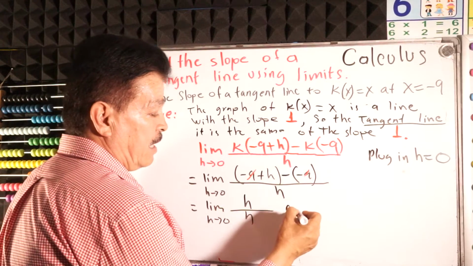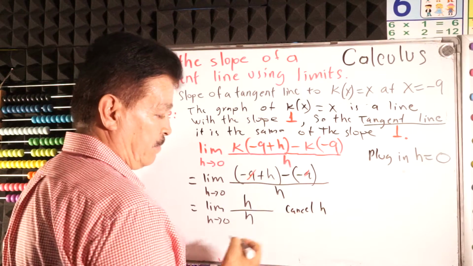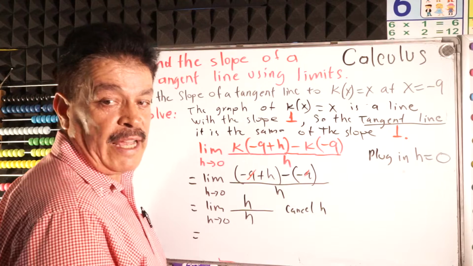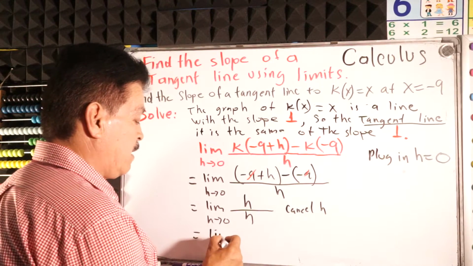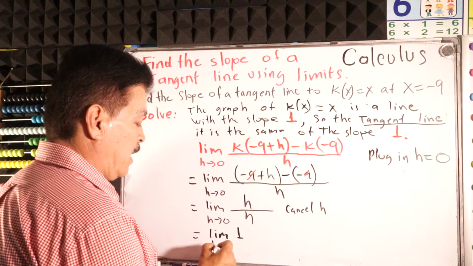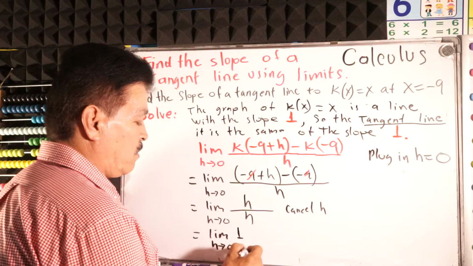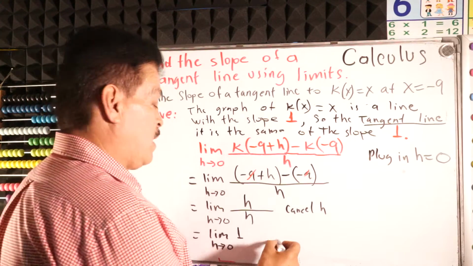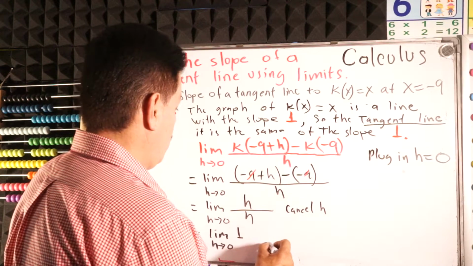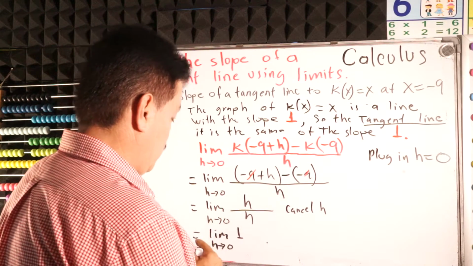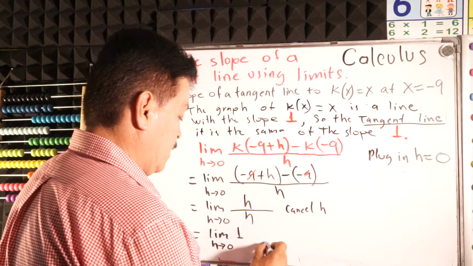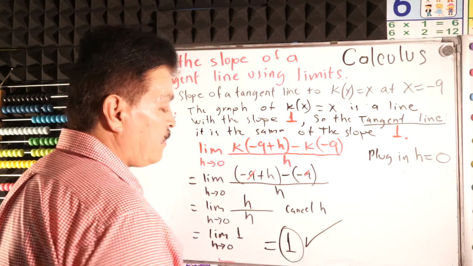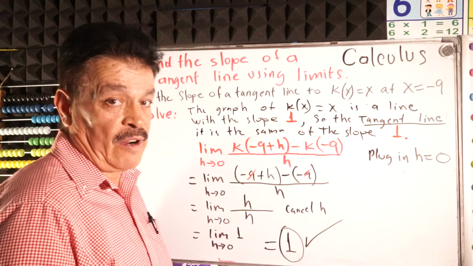Cancel h, and the limit of 1 when h approaches 0 equals 1. That's the solution for our problem.